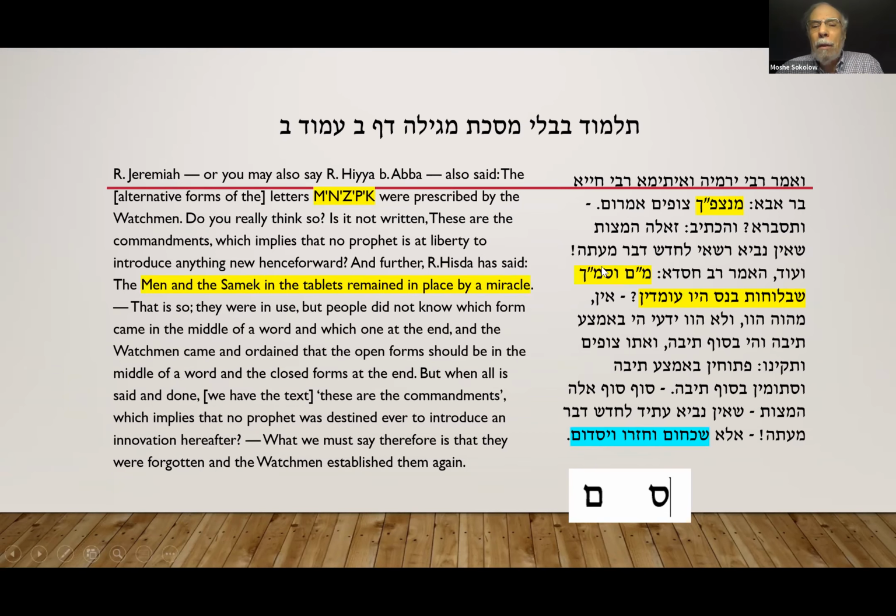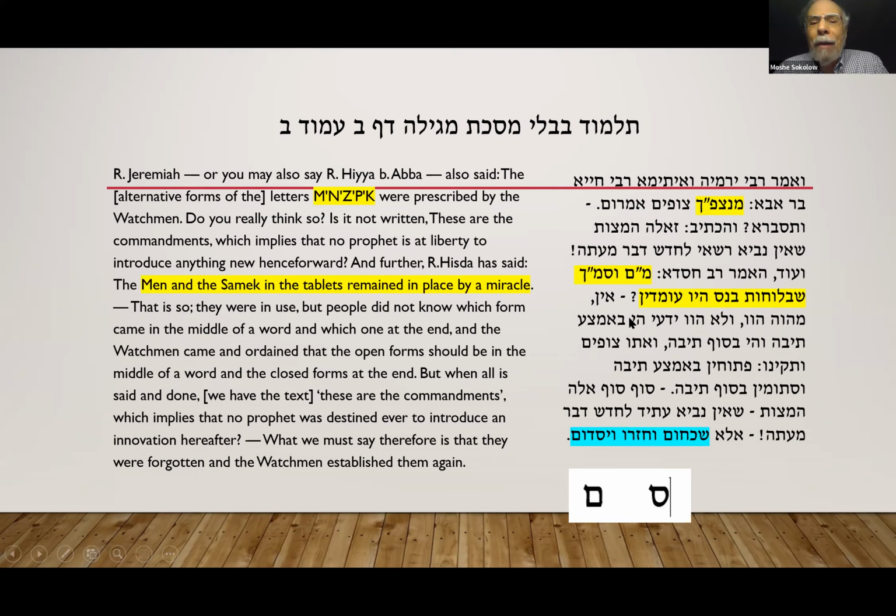So the Talmud actually stumped itself, and when it does, it says, indeed, you're right. Meheve havu. Truly, the final forms of the letters existed as far back as the time of Moses and the 10 Commandments. However, there was a problem.